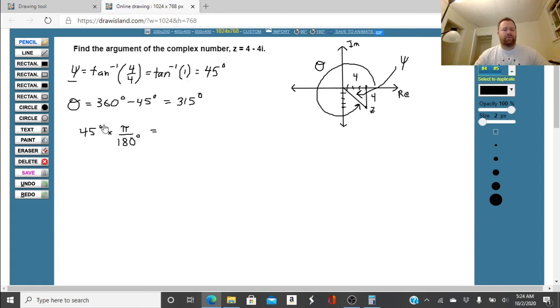Okay, so 45 degrees goes into 180 4 times. So I can write that as pi over 4 radians.